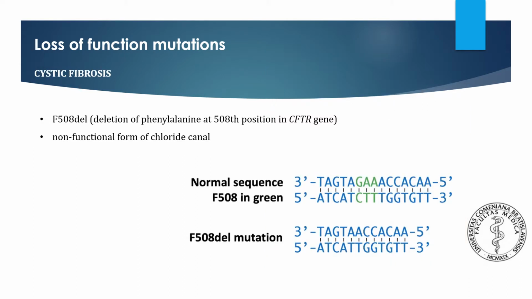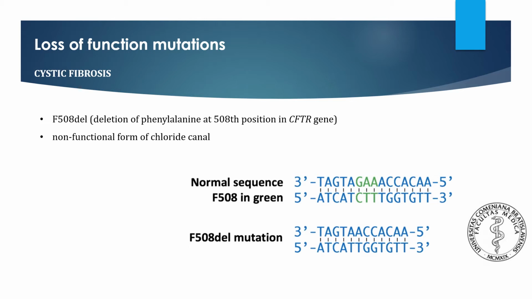Cystic fibrosis is a genetic disorder affecting mostly lungs, but also pancreas and intestine, although it almost always causes male infertility. And this is also an autosomal recessive disorder, which we know mostly by the most famous mutation, F508 deletion, which is a deletion of phenylalanine in the CFTR gene.